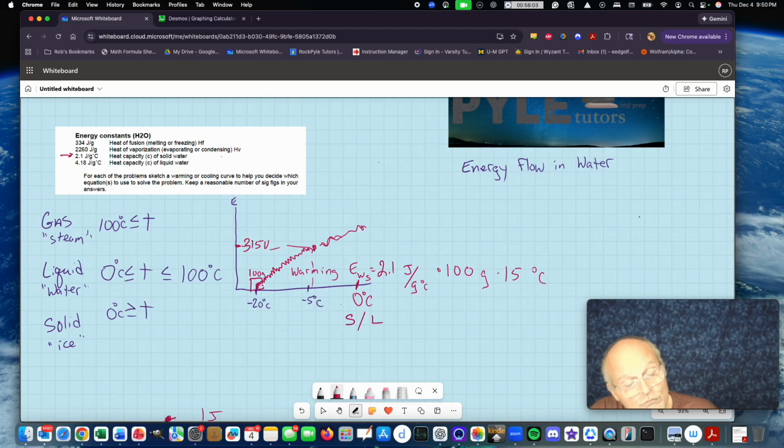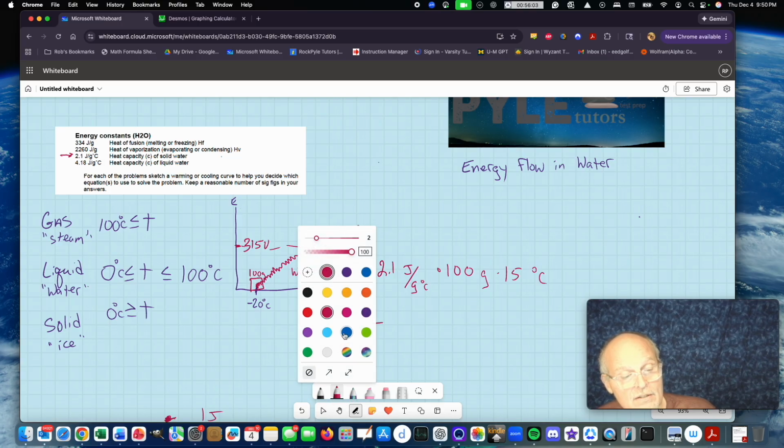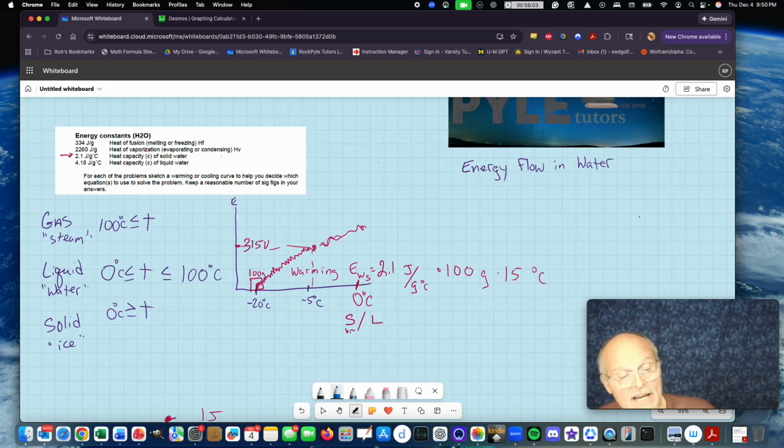In this case, right as we add enough energy to get that block of ice at 0 degrees C, it will still be in the solid phase. The next step takes energy to just convert it to the liquid phase, which does not change the temp.